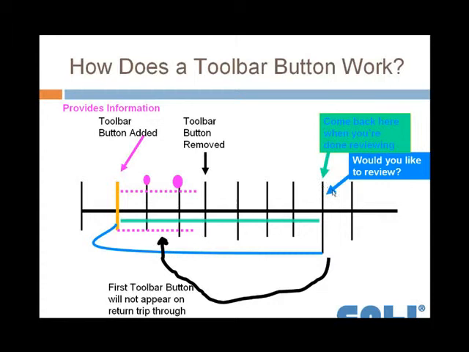So we're going to add a second toolbar button on this page right here. The first one says, do you want to review? Remember, and it follows the blue path along the bottom of the diagram.